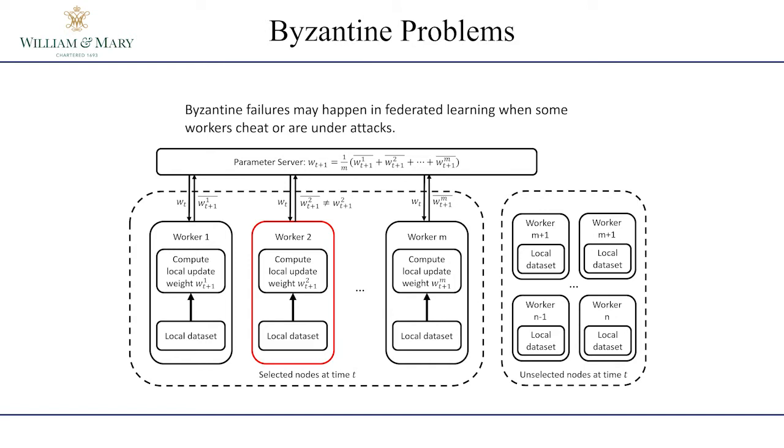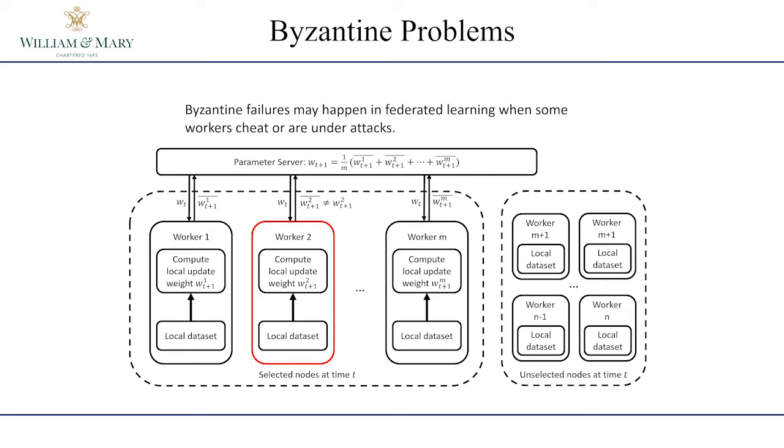However, Byzantine failures may happen when some workers cheat or are under attacks. We can see in this figure, worker 2 is a Byzantine worker. When this worker sends the local update weight to a server, instead of sending the real computational results W_{t+1}^2, it sends something malicious, W̄_{t+1}^2, which is not equal to W_{t+1}^2.